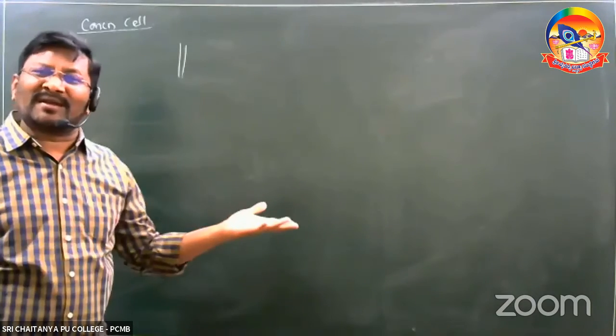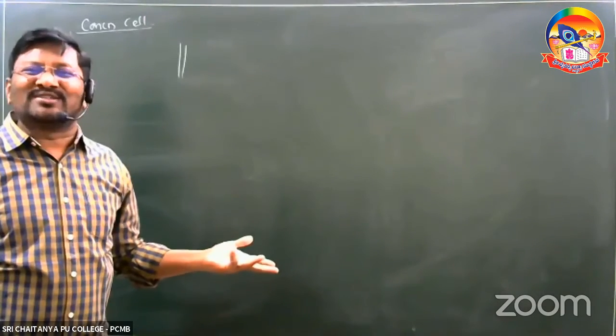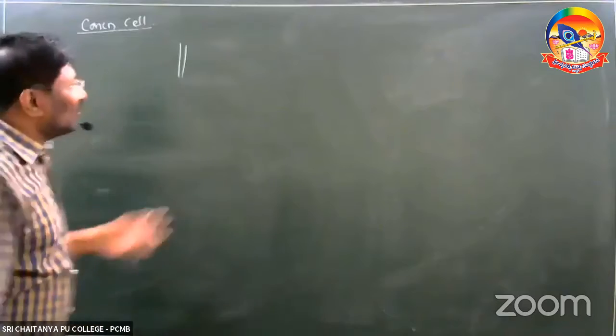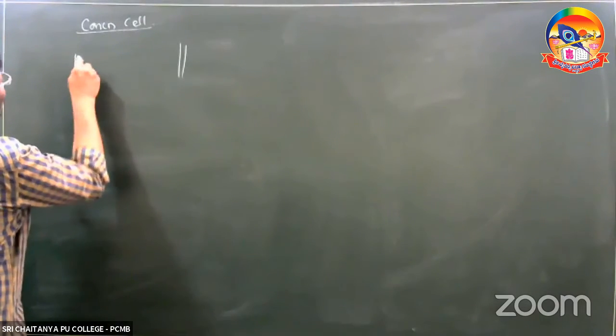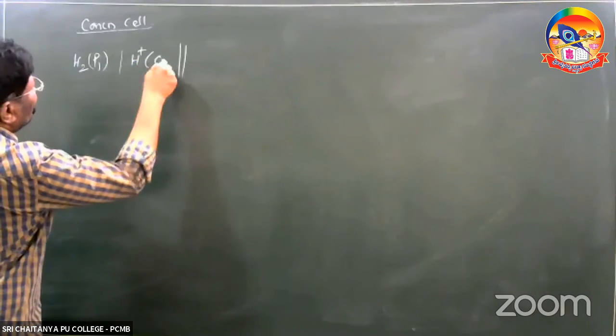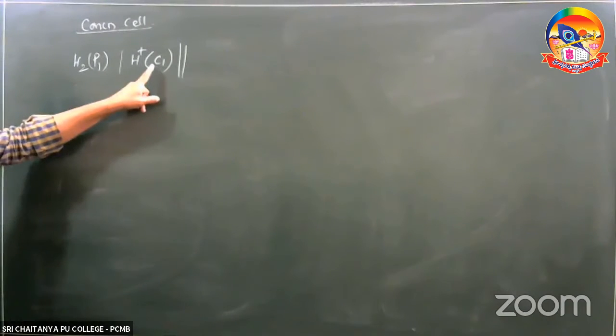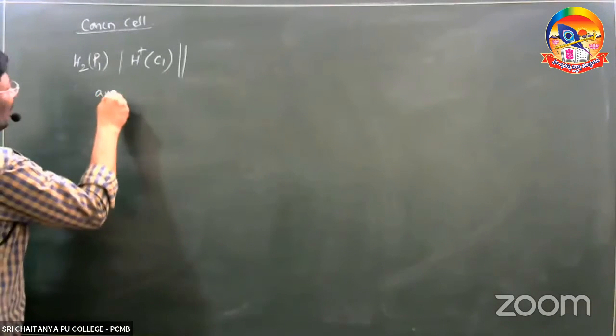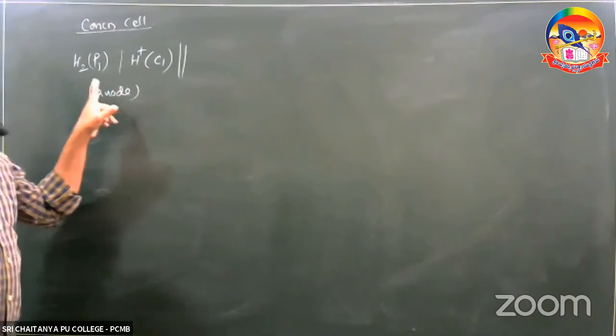So definitely the value will not be 0. Let me take it like this: H2 at pressure P1, then H+ with concentration C1. Please remember, this is the anode, because the LHS side we always write the anode.